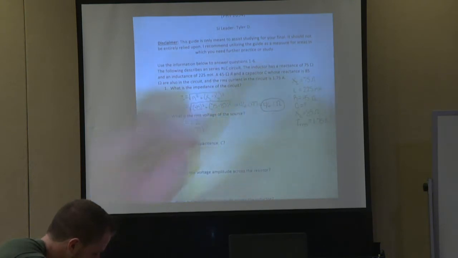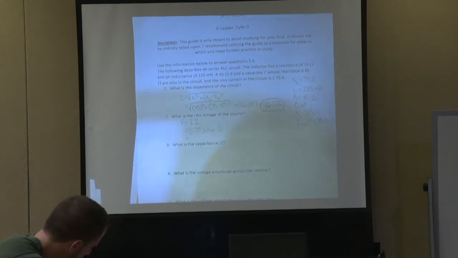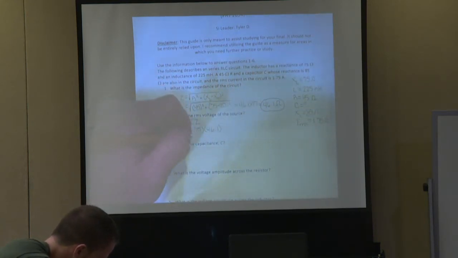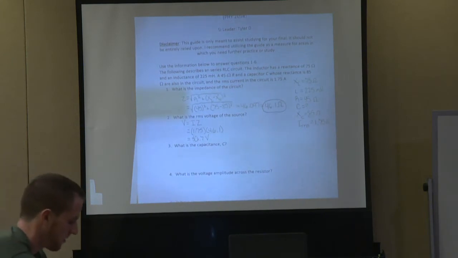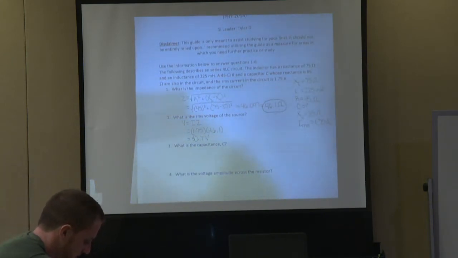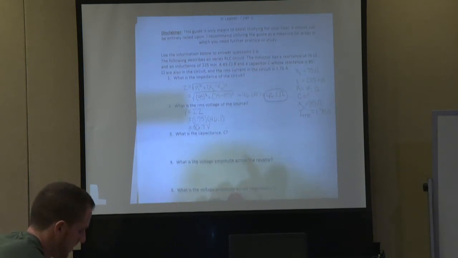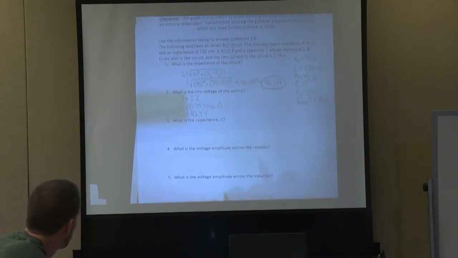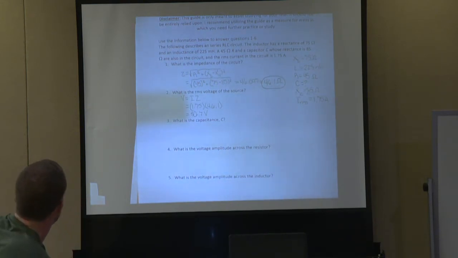And then our impedance is 46.1 ohms to give us an RMS voltage of 80.7 volts. You guys good so far? You guys have any questions about anything that I write, or if I leave anything out, don't hesitate to ask.